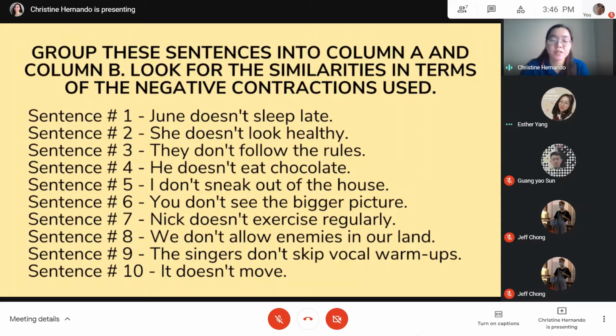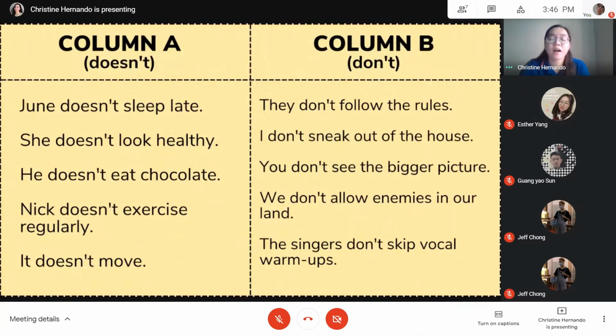Very good, Esther. So she also got all the correct answers for column B. We have the sentences. So they don't follow the rules. I don't sneak out of the house. You don't see the bigger picture. We don't allow enemies in our land. And the singers don't skip their vocal warm up.